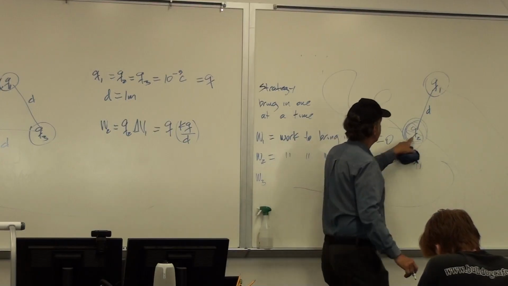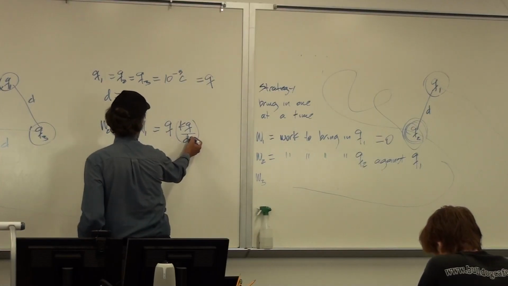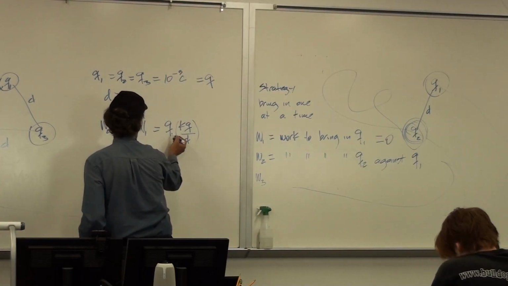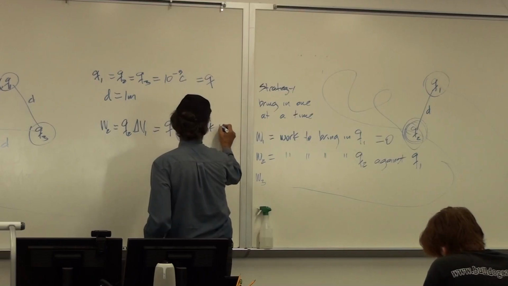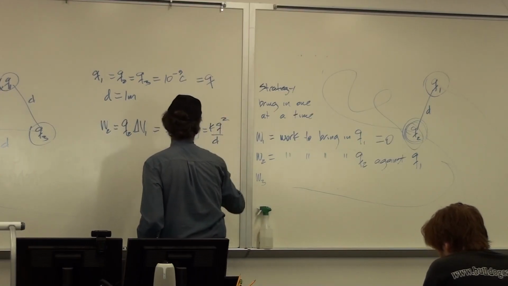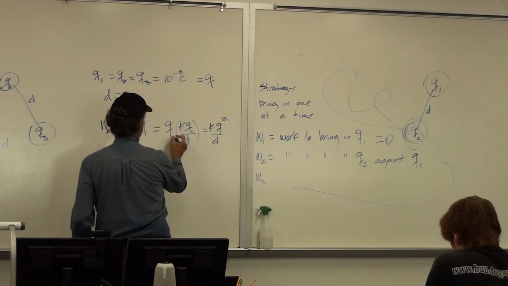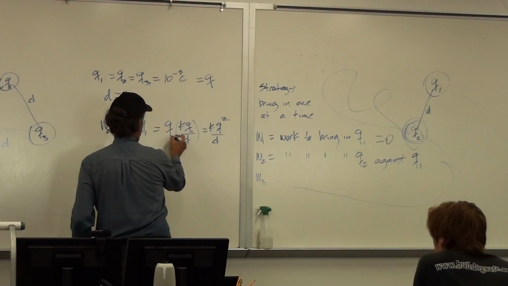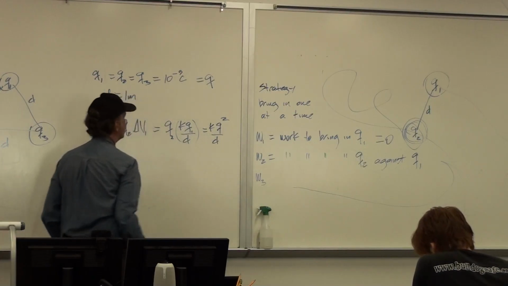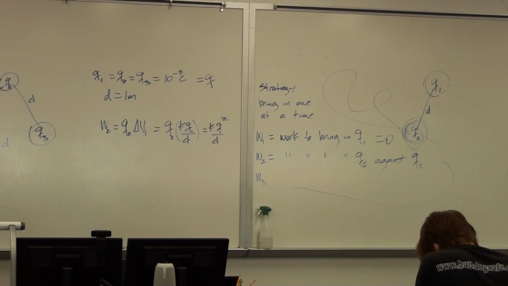Then I'm bringing this in from infinity to that point. And so the difference in voltage is KQ over D times Q. That gives us KQ squared over D. Or this is Q1 and this is Q2. So that's our more general expression. But since they're equal in this case, we can write it as KQ squared over D.